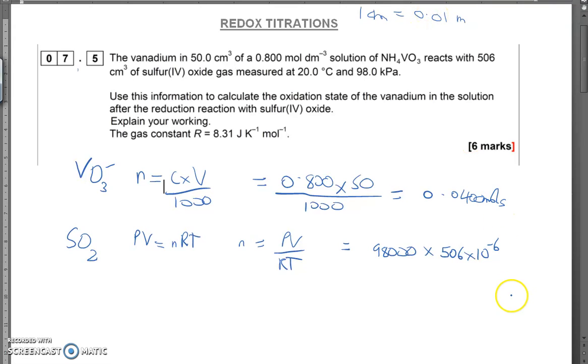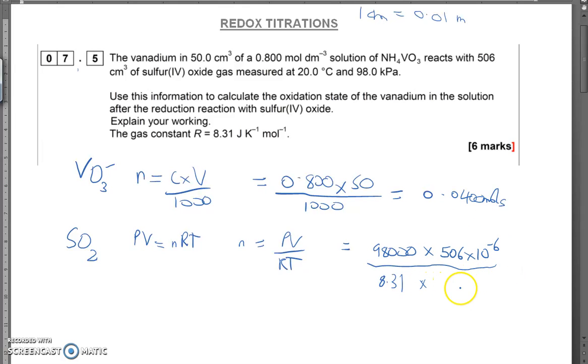I find it easier just to stick with that in our calculation rather than try and say, well, it's 5.06 times 10 to the minus 4. Do make sure you're comfortable with converting your units.